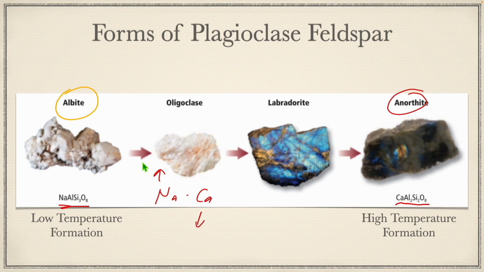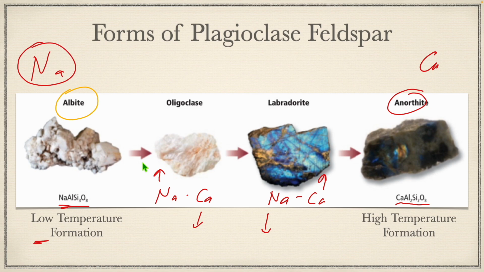This labradorite is going to have more calcium and less sodium. You get this range if you have a lot of sodium over here and a lot of calcium over here, and it has to do with the temperature at which they form. At low temperature, you get more sodium incorporated into the mineral, and at higher temperatures, you get more calcium incorporated.